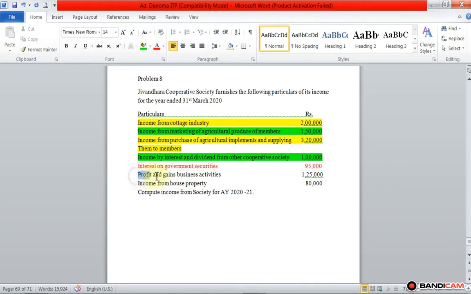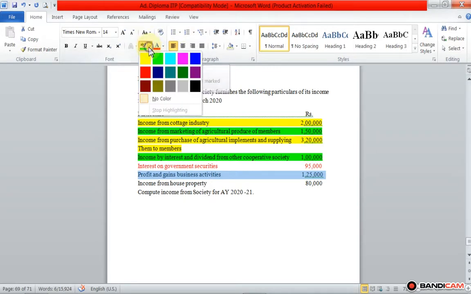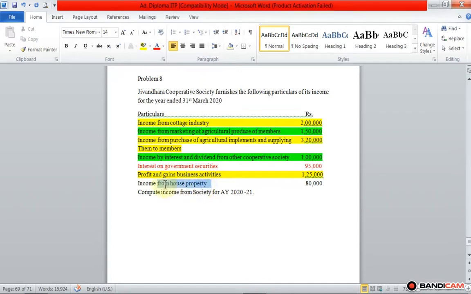Then profit and gains from business activity 1,25,000 is also income of cooperative society. Then income from house property is income from other sources of that cooperative society.